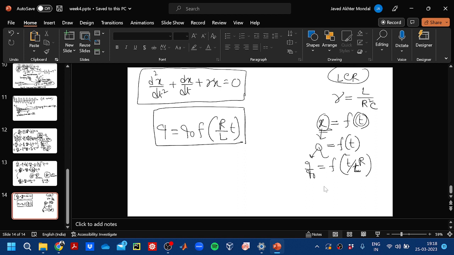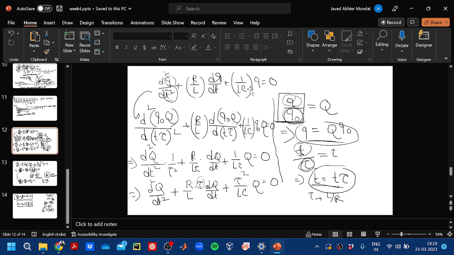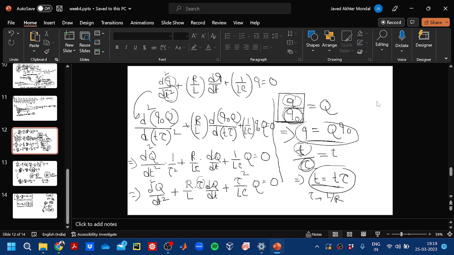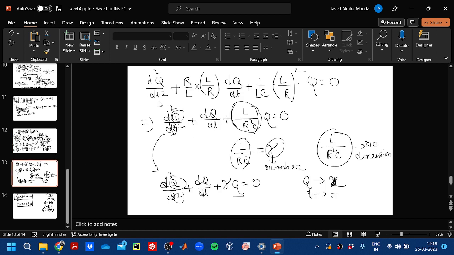So the process is the following way. First, you have your equation. You identify your independent variable and dependent variable, and after that you use this kind of transformation, the time scale involved and the charge scale involved in the system, to non-dimensionalize this.